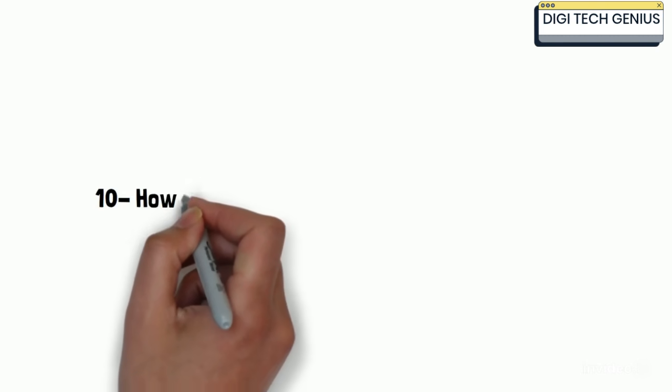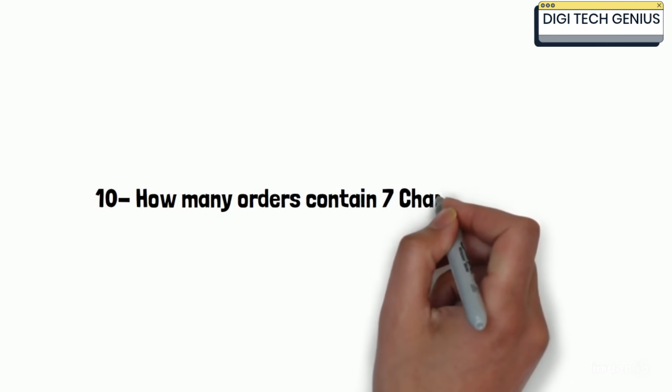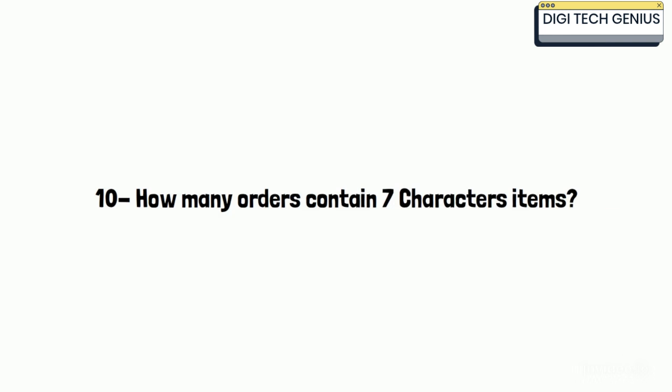The last question pertaining to this sheet would be to calculate how many orders there are which contain 7 characters within the name of the item. How many orders like that? We need to calculate that.